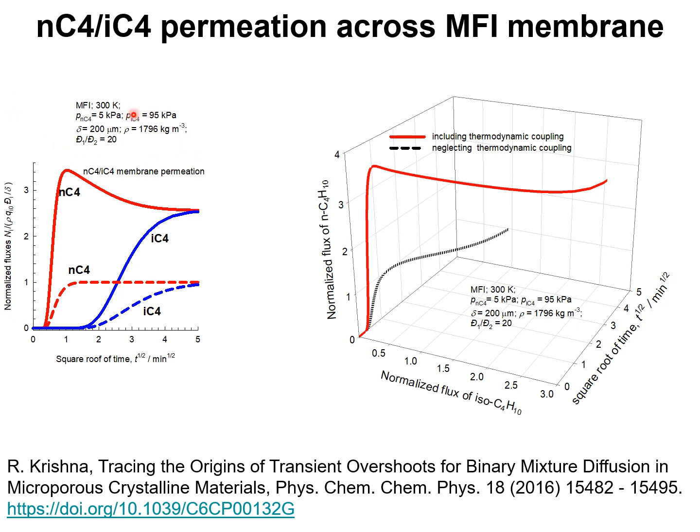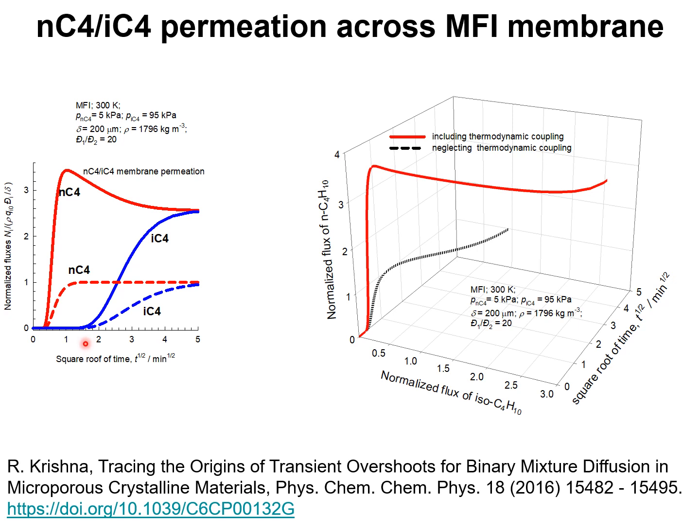Here are simulation results for permeation of normal butane, isobutane mixtures across an MFI membrane. The continuous lines are the simulations in which thermodynamic coupling effects are duly accounted for. The dashed lines are simulations where thermodynamic coupling effects are ignored.